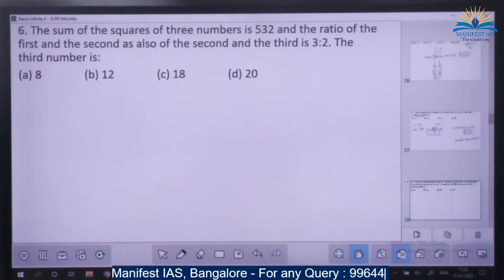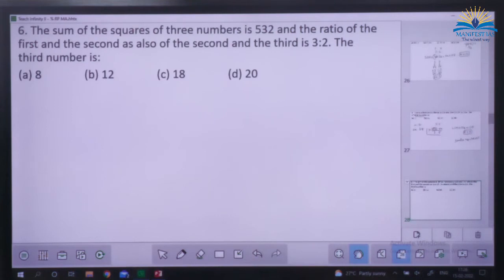Those 3 numbers we don't know. You have to assume those numbers. A, B, C or X, Y, Z or alpha, beta, gamma, whatever is convenient for you, you can write. Written? Okay. First equation is correct. Then second and third equation. Good. Now write the second and third equation.